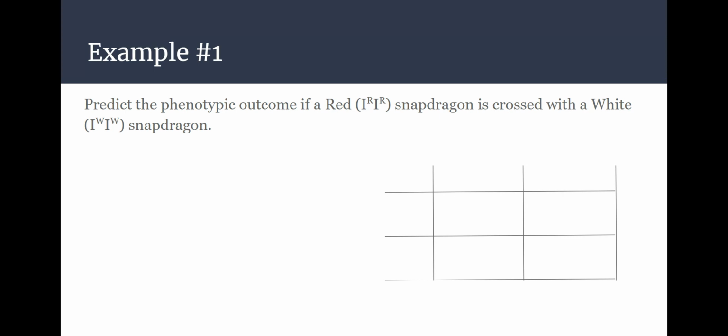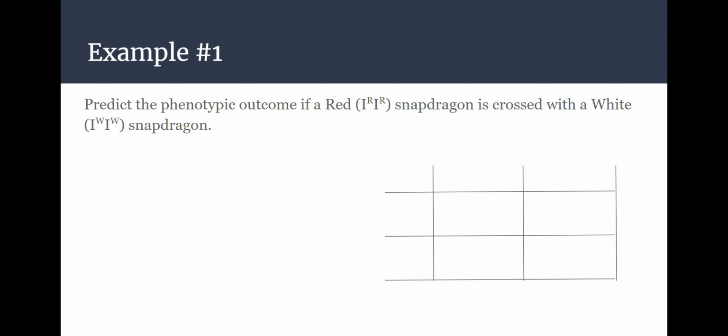We're going to do an example of a snapdragon and how it would work for a cross. Much like when we talk about X-linked crosses, we need to use a letter to represent the trait we're talking about, and then a smaller letter to represent the allele of that trait. We're going to predict the phenotypic outcome of a red snapdragon crossed with a white snapdragon.